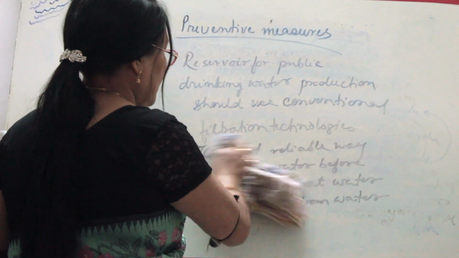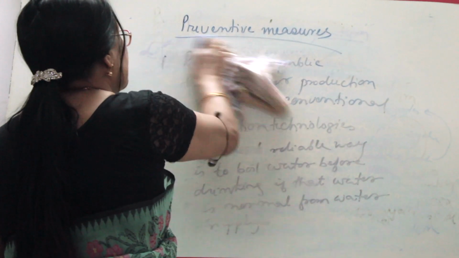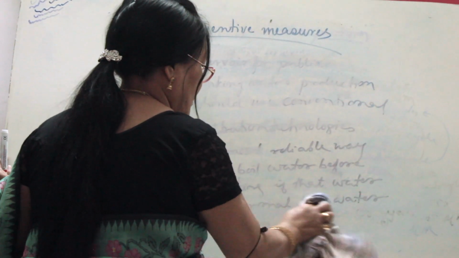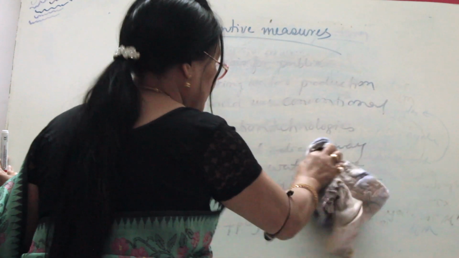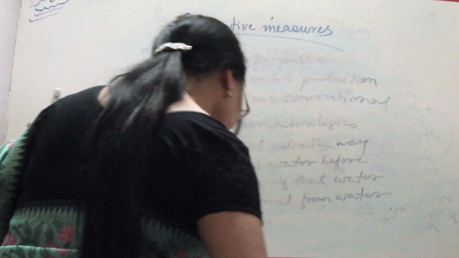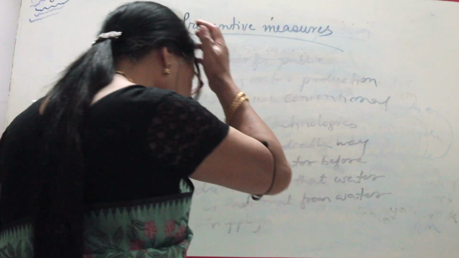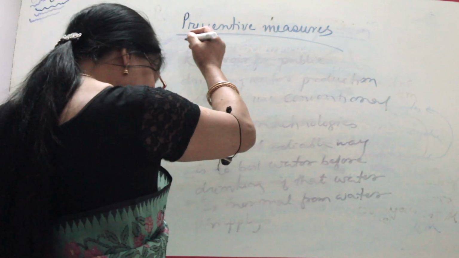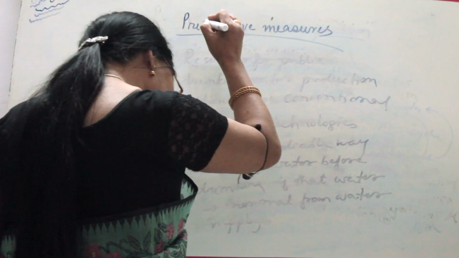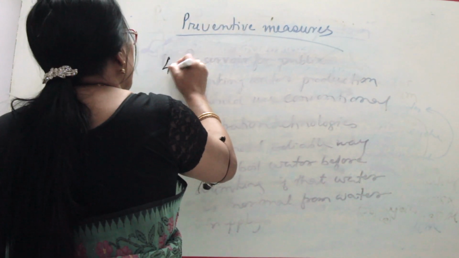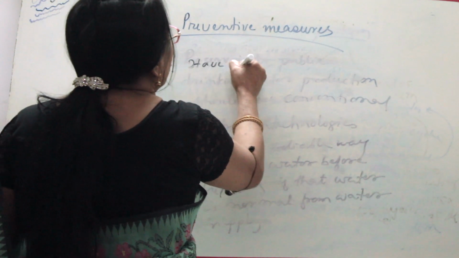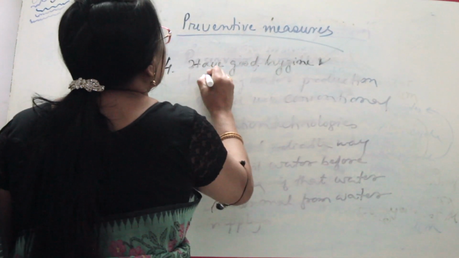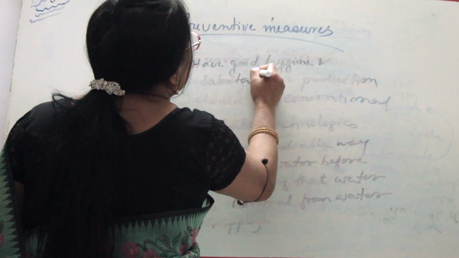Then number 3, the best way to prevent getting cryptosporidium is to have good hygiene and sanitation. Number 4, have good hygiene and sanitation.